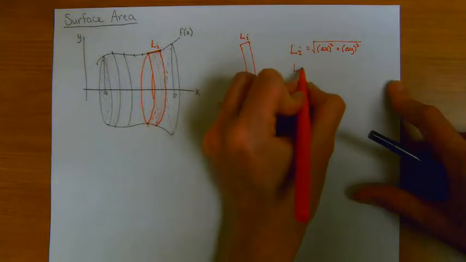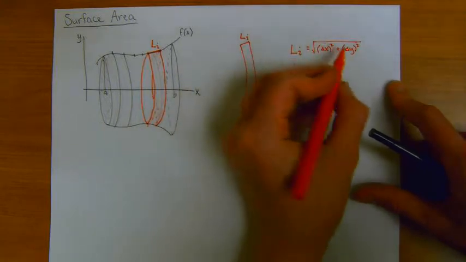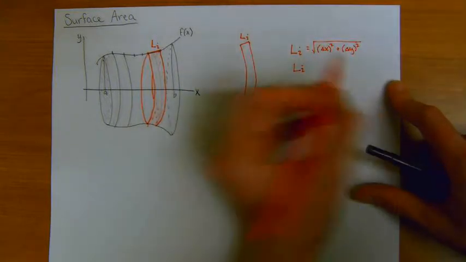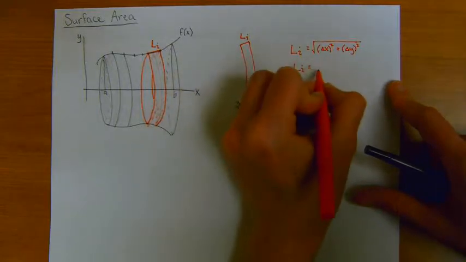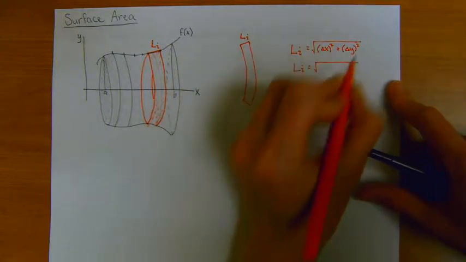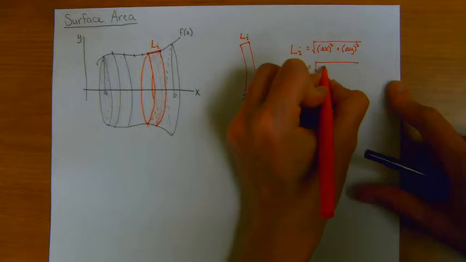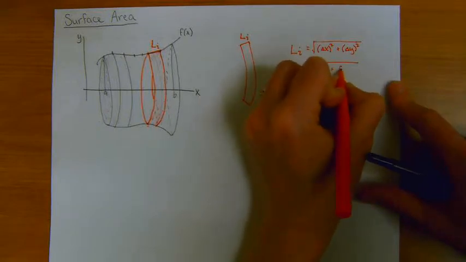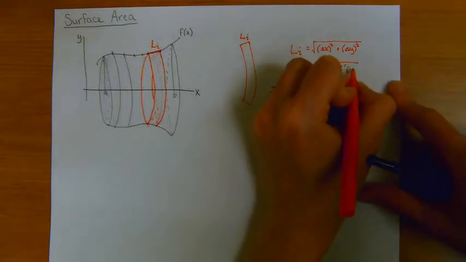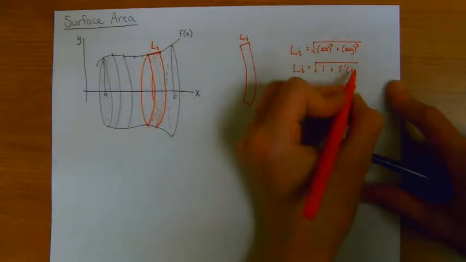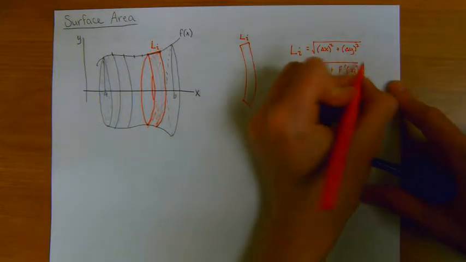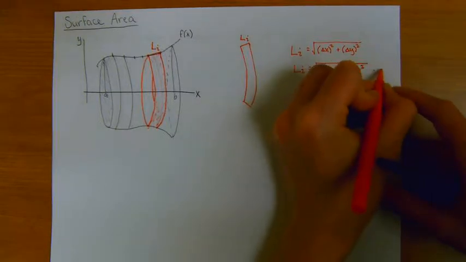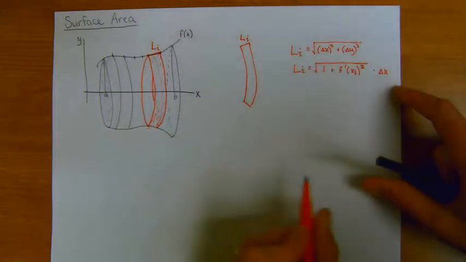And using the magic of calculus, that the slope is just delta y divided by delta x, we were able to get the formula that L sub i is equal to the square root of 1 plus our derivative function evaluated at an ith point, squared, times delta x.